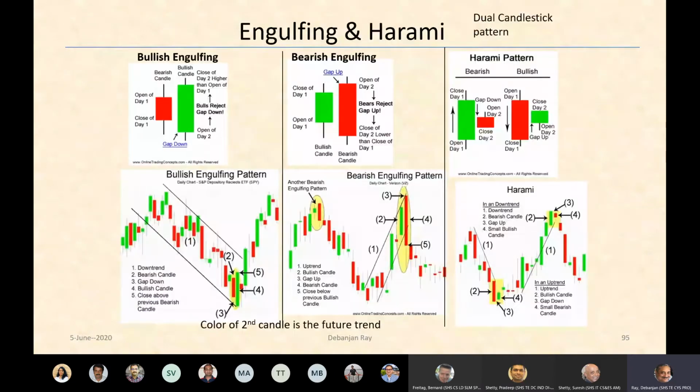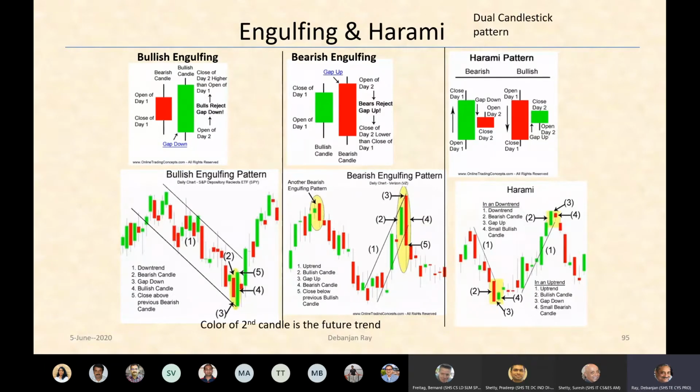And then we have seen the two candlestick patterns. One is the bullish engulfing or bearish engulfing. It also signals a change of trend. And this engulfing and harami pattern is very, very common. You will find many occurrences.